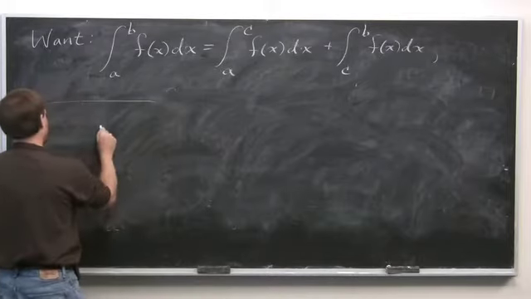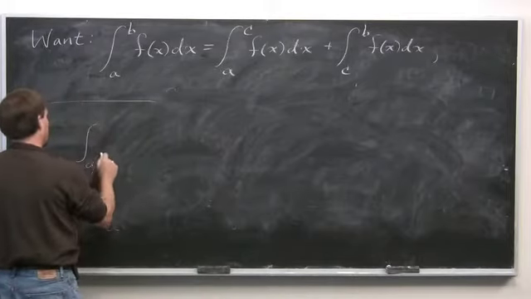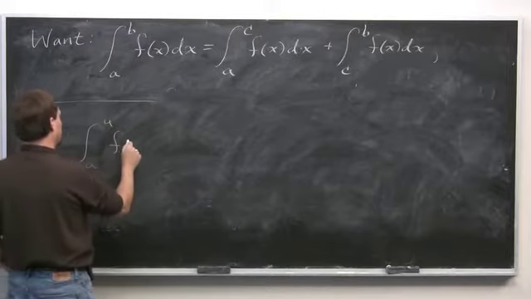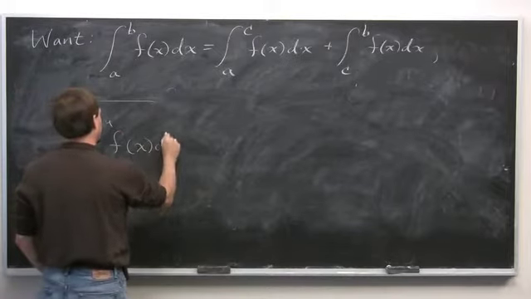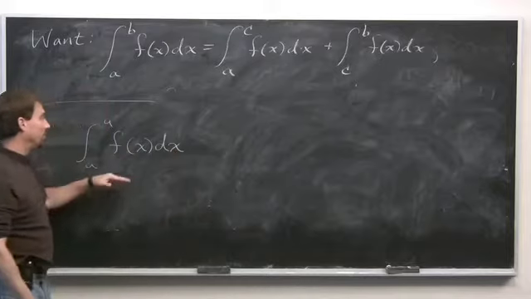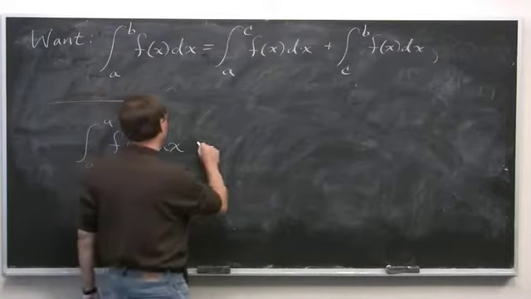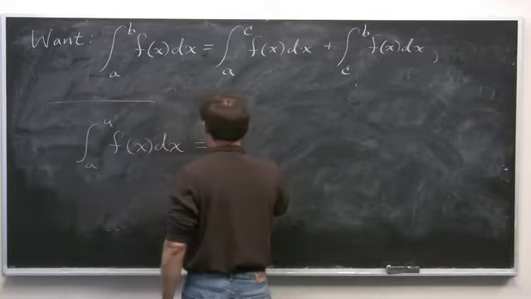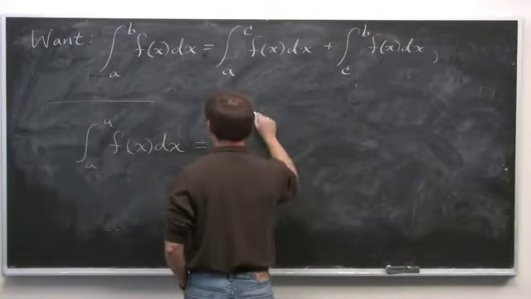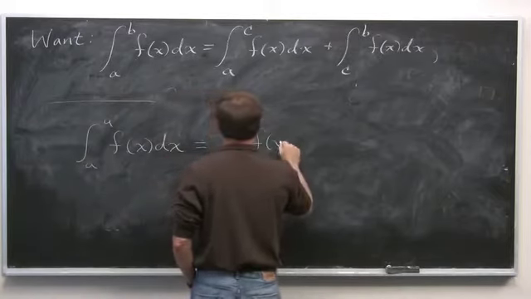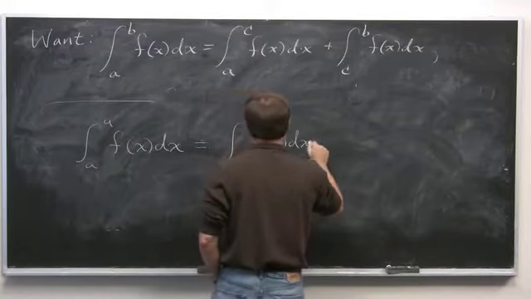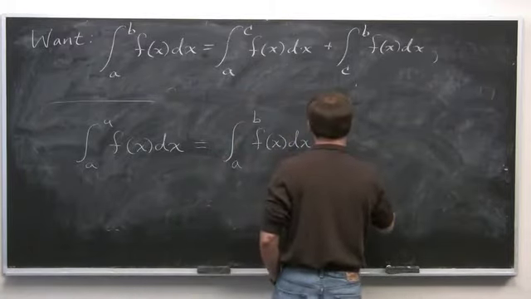In particular, suppose we integrate from a to a of f of x dx. We've just defined this to be 0, but now we're supposed to be able to split this up any way that we want. So we could go from a to b, and then go from b to a.